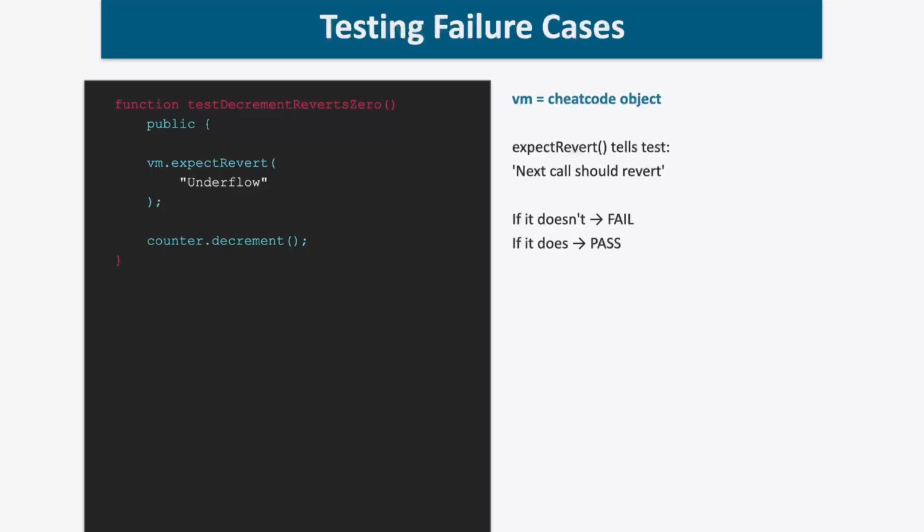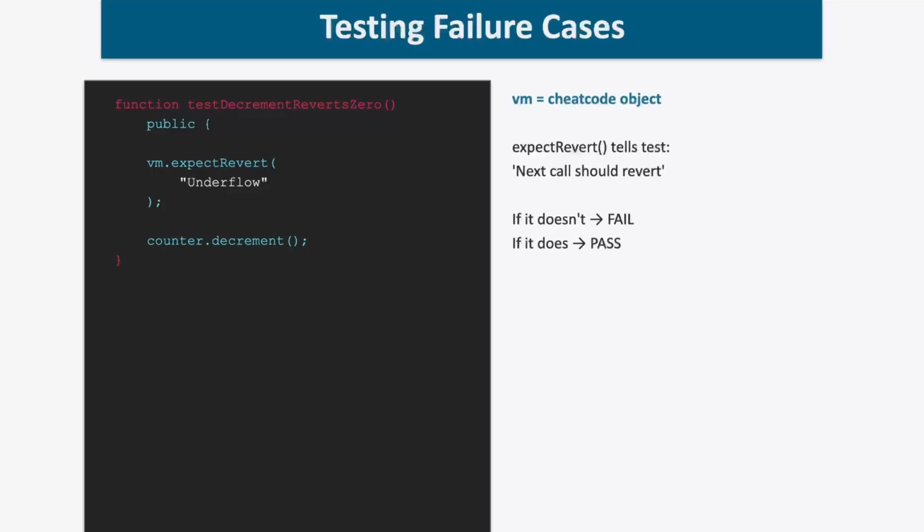The contract reverts with underflow. The test compares the expected message with the actual message. They match and the test passes. If decrement didn't revert or reverted with a different message, the test would fail. This test ensures your error handling works correctly. If someone calls decrement when count is 0, they should get a clear error message, not an unexpected crash.